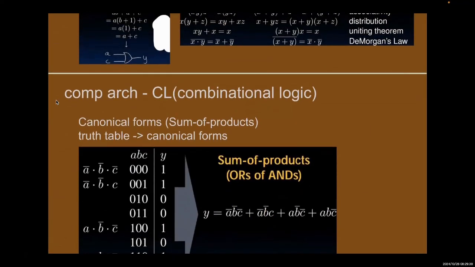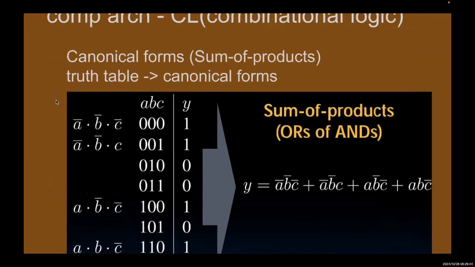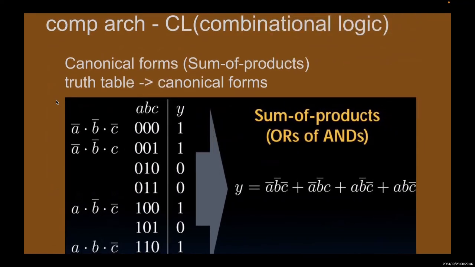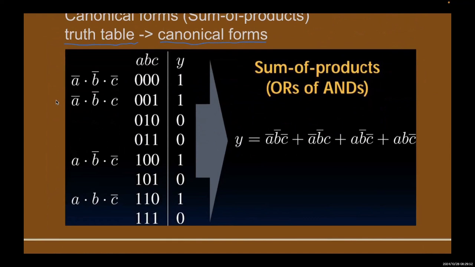So the next thing is canonical form. We usually use this to turn a truth table into a canonical form. That's very easy. You have a truth table here with 3 inputs and 1 output. You just firstly pick out all the outputs where it's 1, and you write the formula to express it.